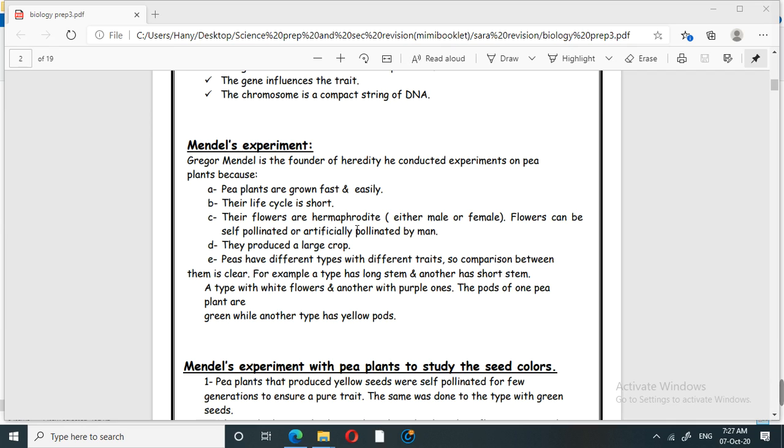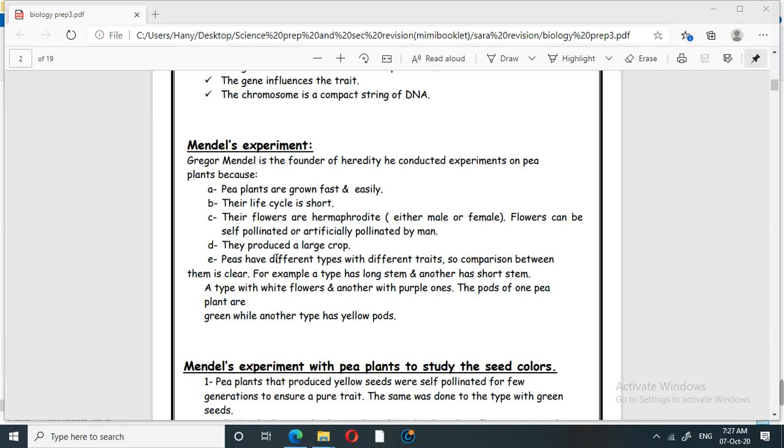So the hermaphrodite flower, which contains both sexes, can make self-pollination, transferring the pollen grain from the anther to the stigma of the same flower, and can also make cross-pollination, transferring the pollen grain from the anther to the stigma of another flower, but it must be of the same kind. So the flowers can be self-pollinated in the pea plant, and it is characteristic of the pea plant.